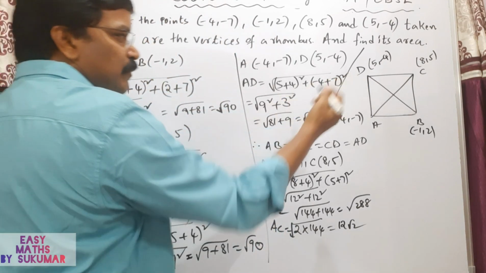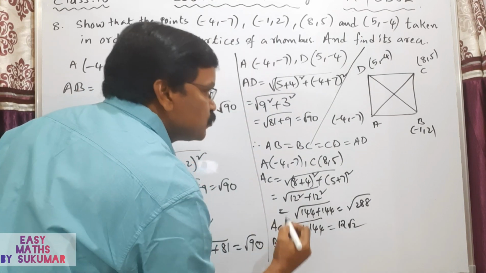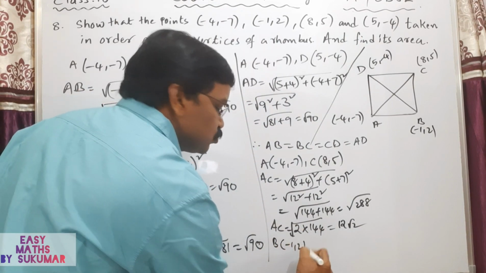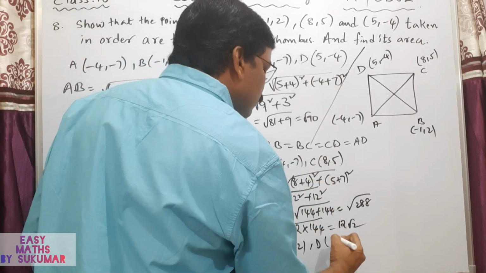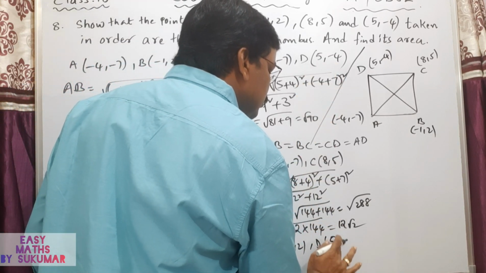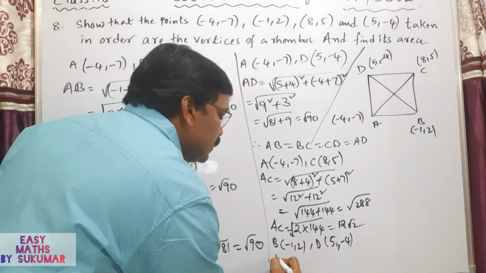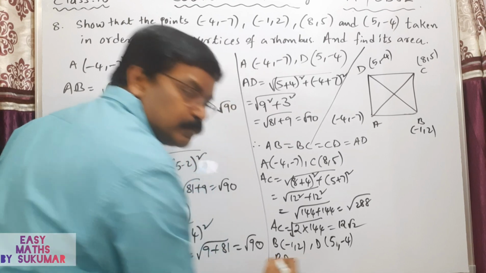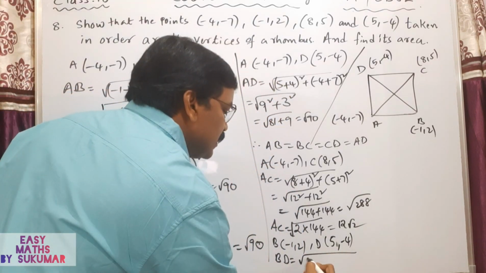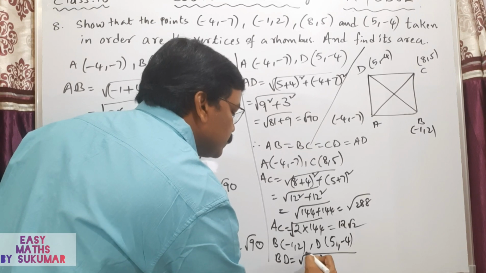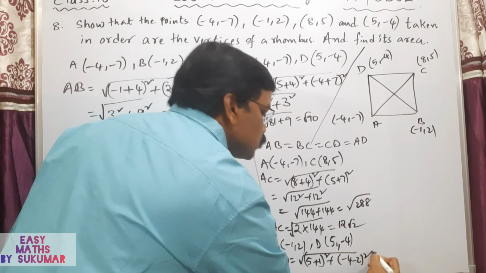Similarly, let us find the distance between B and D. So what is B, students? B is -1 comma 2 and D is 5 comma -4. So BD is equal to square root of (5 plus 1) whole square plus (-4 minus 2) whole square.